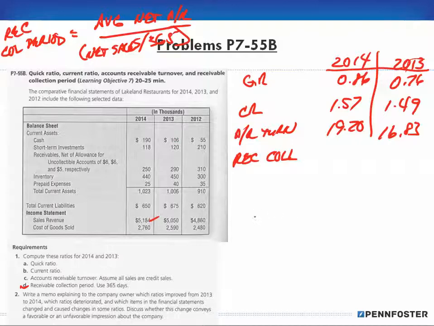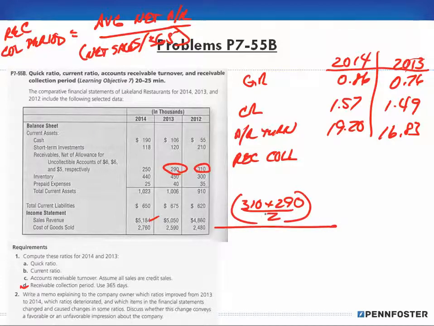Right, so our average net receivable for 2013 again is this ending of 310 plus the 290 over 2. Okay, that's in our numerator, right? Because that's the average. And then for our net sales, we have the 5,050, and we're dividing that by 365.